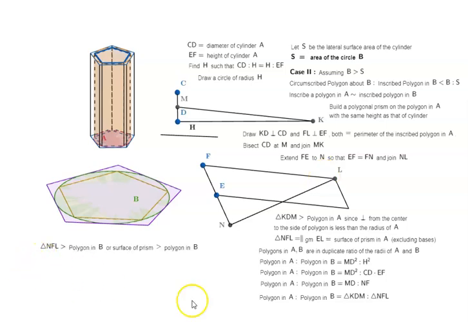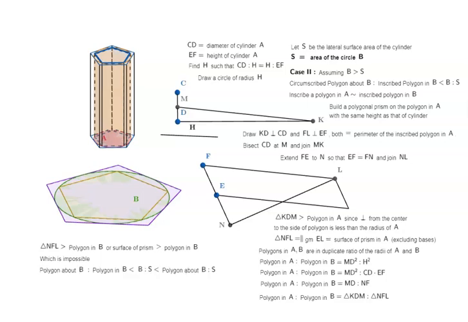So triangle NFL is greater than polygon in B. Why? Because triangle KDM is greater than polygon in A.